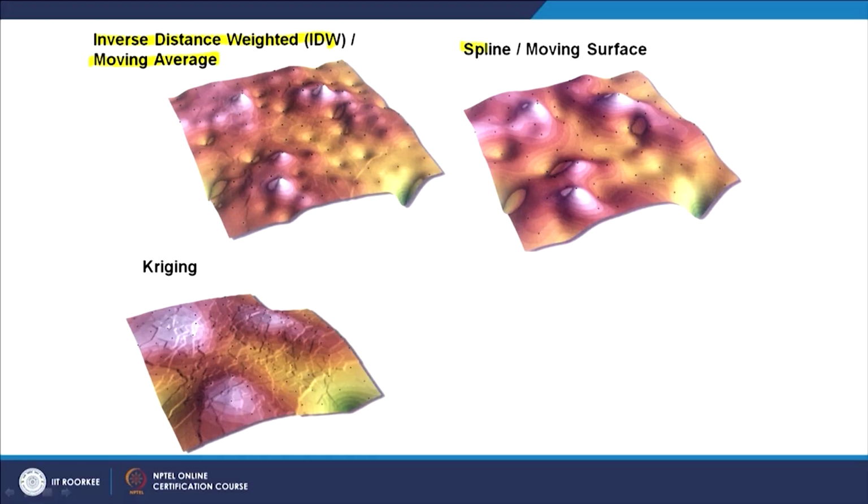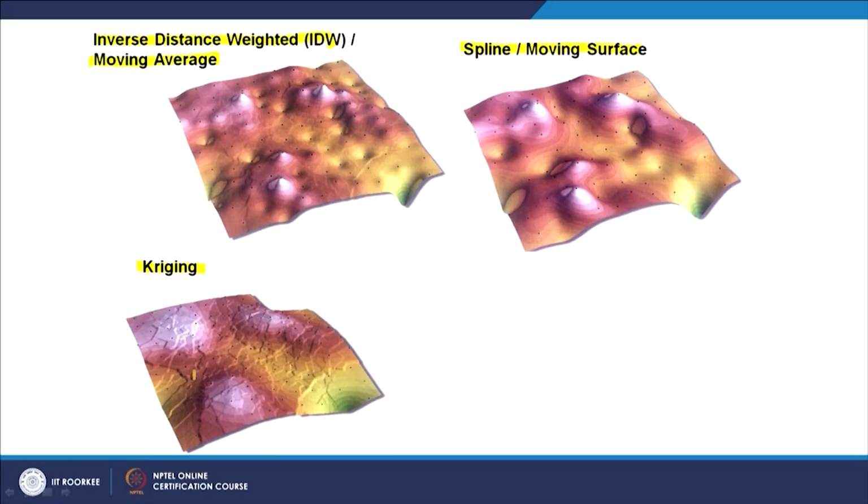But if I choose spline, and the option is moving surface, see, moving average, moving surface, different concept, then this is how my surface is going to be created. Remember that the input point theme is the same for all 3 surfaces. And lastly is Kriging. If I create a Kriging surface using the same data points, this is how the surface would be created.